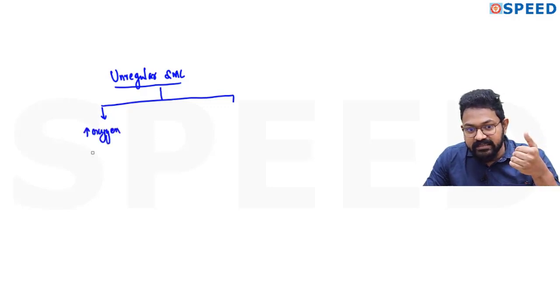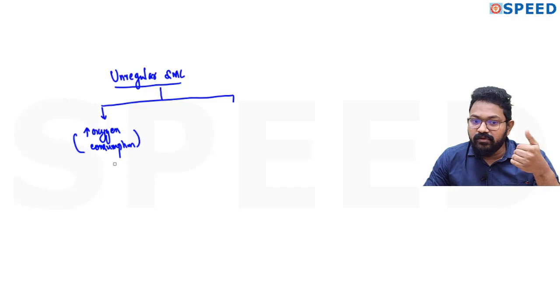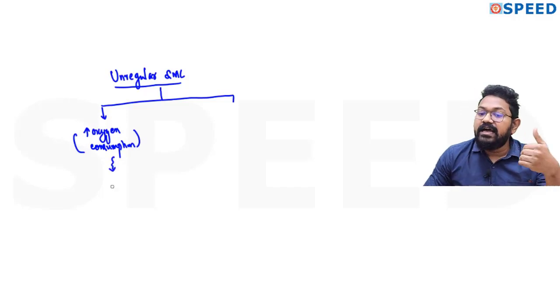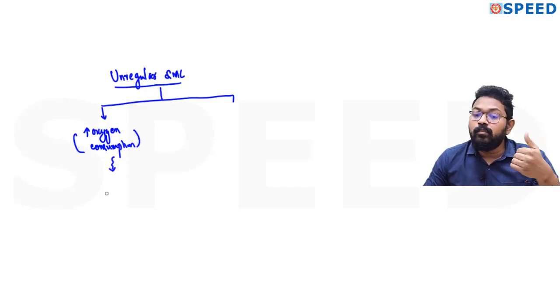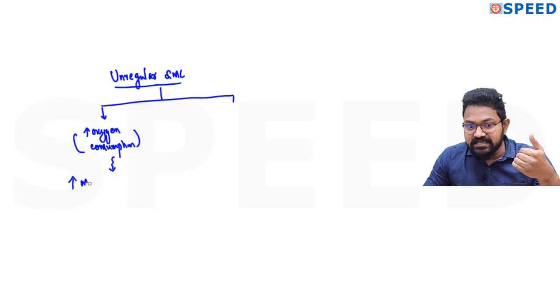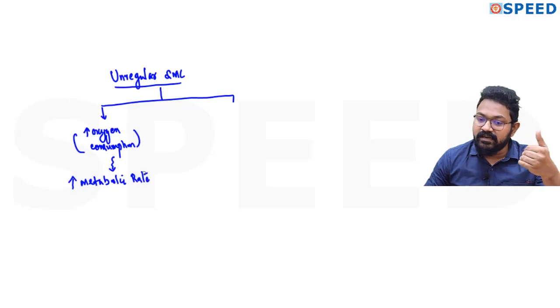Yes or no? Increased oxygen consumption. This is obviously present because you are going to have a higher metabolic rate, because we want more energy. So your skeletal muscle should undergo metabolism at a faster rate. So there is going to be increased metabolic rate of your skeletal muscle because we need more energy for this muscle contraction to happen.